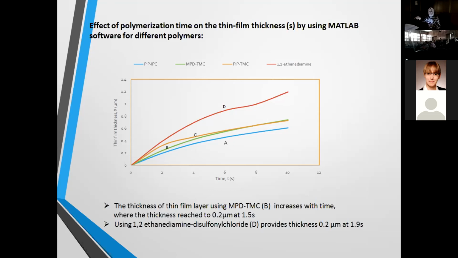Curve D, which represents 1,2-ethane diamine, will reach 0.2 micrometer after 1.9 seconds. 0.2 micrometer is the ideal thickness of the film, the good layer.